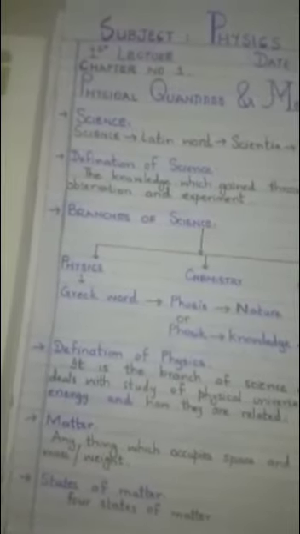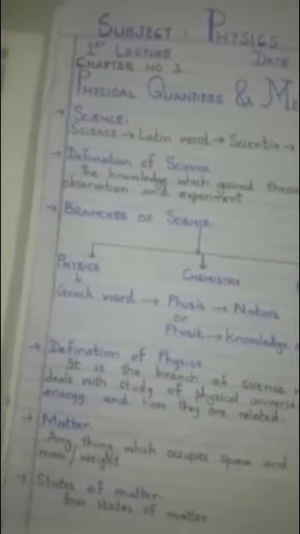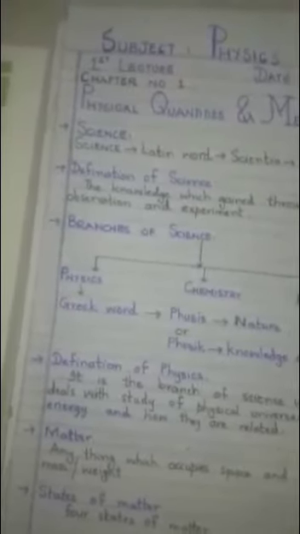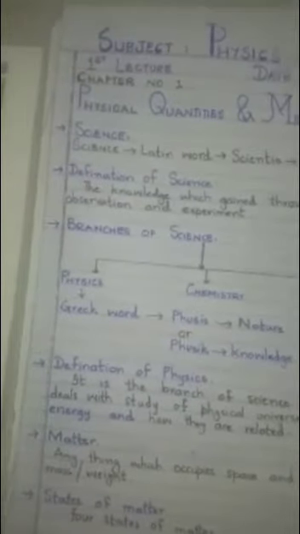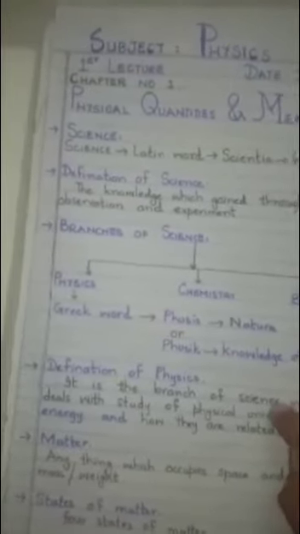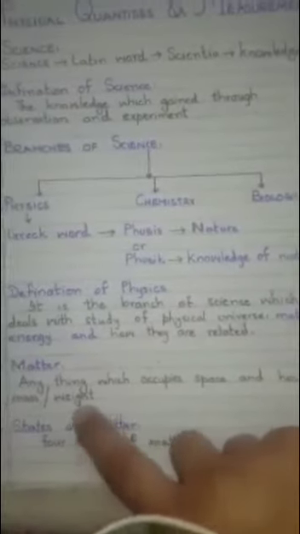So 2 kg sugar is actually the mass of the sugar, not the weight. Or sometimes we say that my weight is 60 kg. So 60 kg is not weight, it is actually mass. Mass is the quantity of matter, and weight is the force with which the earth attracts every object toward itself.